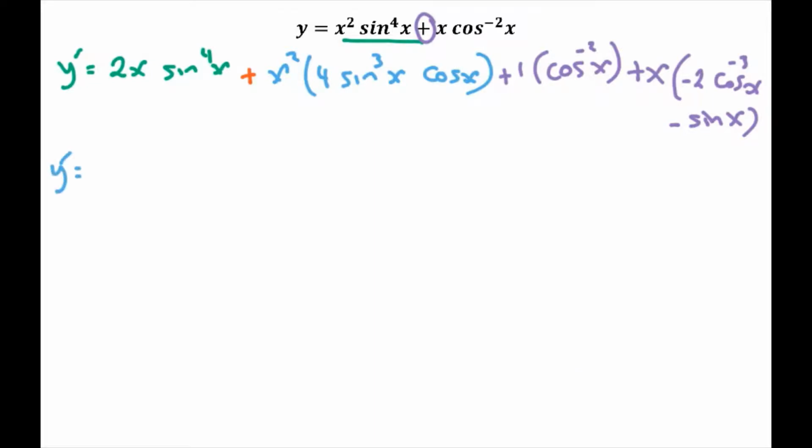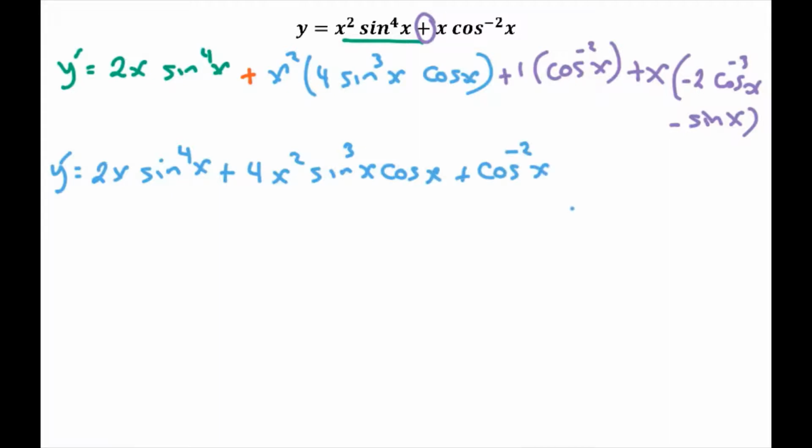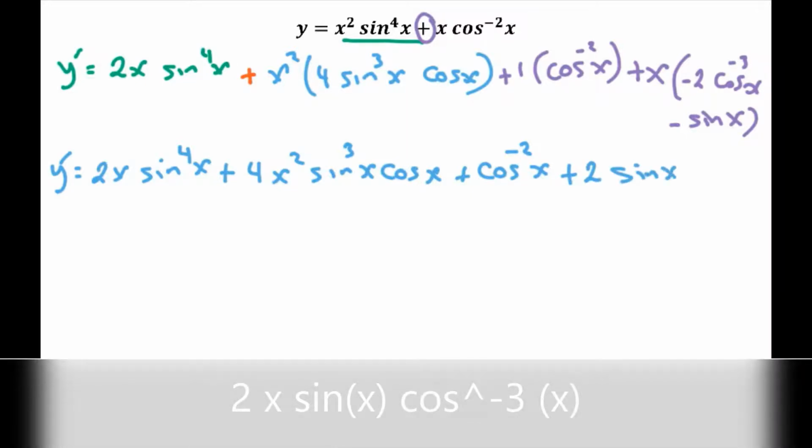So y prime will be equal to x sine 4x plus 4x squared sine 3x cosine x plus cosine negative 2x, and then negative sine and negative 2 is positive 2 sine x cosine negative 3x. Now there's nothing to cross out here, so we are done with this question.